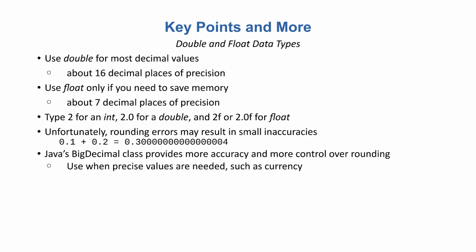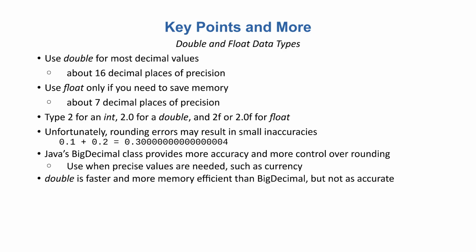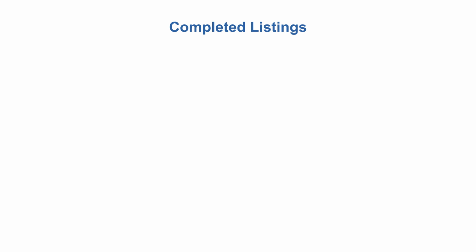Use big decimal when absolute precision is required and you need more control over rounding, such as in working with currency. The double data type is faster and more memory efficient than big decimal, but it's not as accurate. That tiny rounding error would not impact the games in my videos, so I'll use the double data type when decimal values are needed. Here are the completed listings for all the exercises in this video.